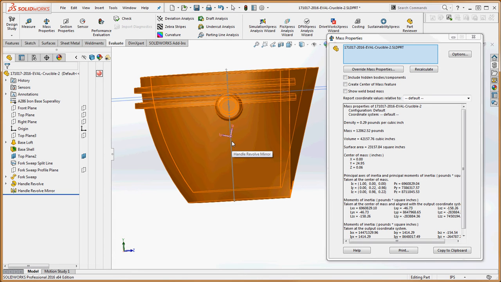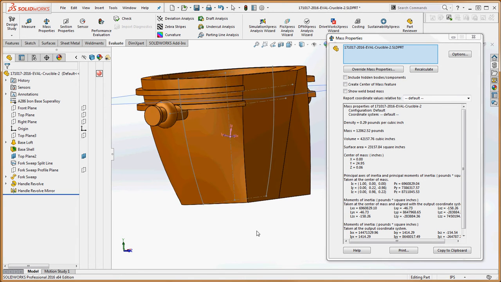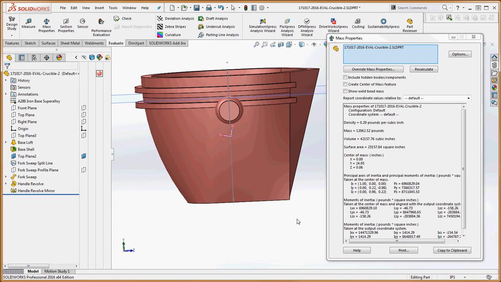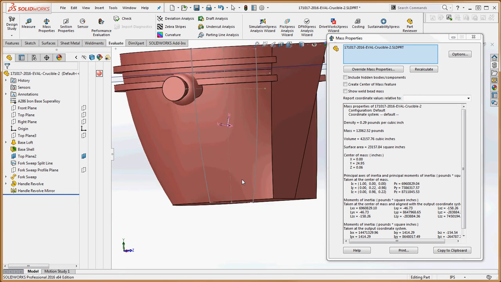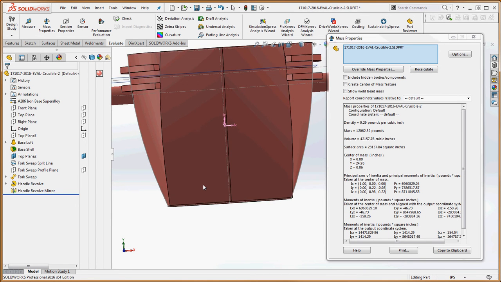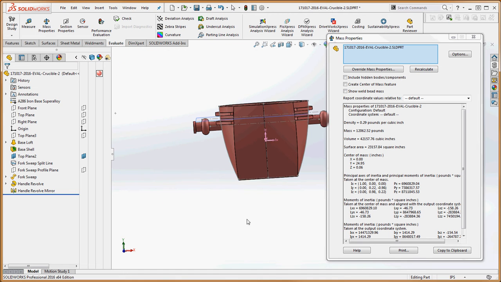I want to make sure that the center of mass was actually below where the revolve feature was too, because this is a virtual bucket, and if it pours virtual steel, it might be molten steel, you might virtually get hurt. But you want to think about things like that. So you notice that it's only off in the Y direction, which is going up and down vertical. And in regard to the X and the Z axis, I'm trying to keep that in the middle as best I can. But when you see that symbol, that's where the actual center of mass is.